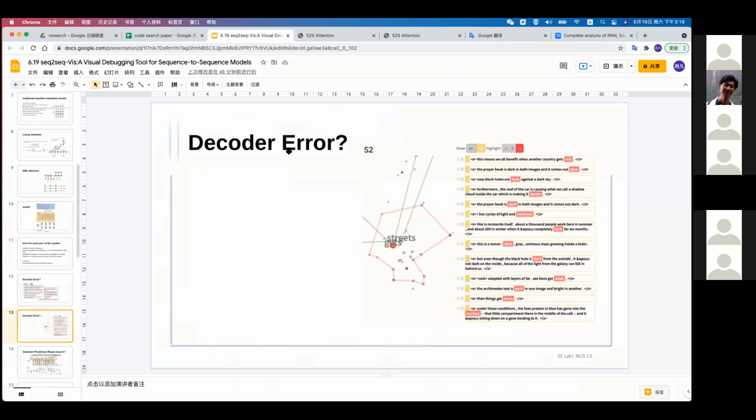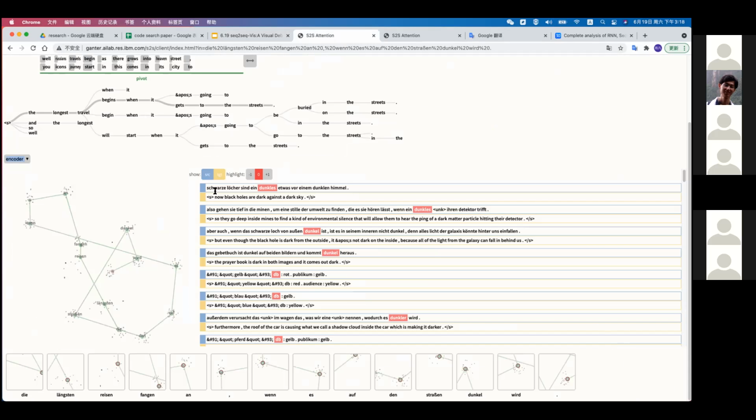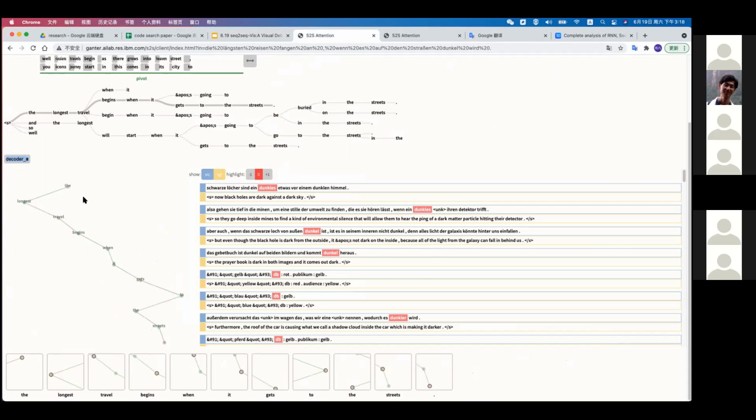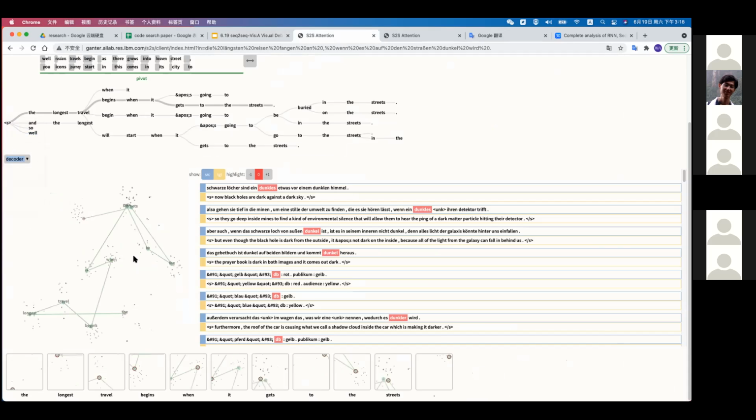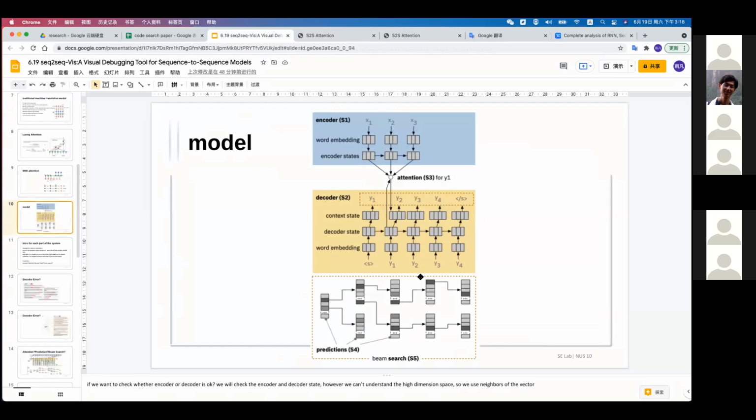Okay, so then how about the decoder? The decoder is a bit different, because the decoder outputs the next word. So if you want to check this word, you want to look at the last step of the decoder, not this step.